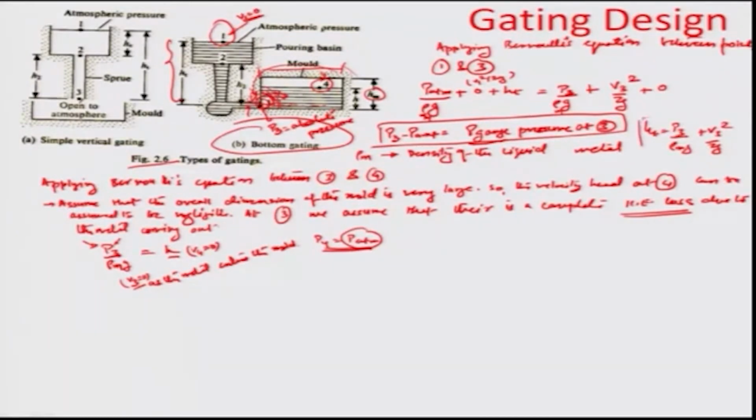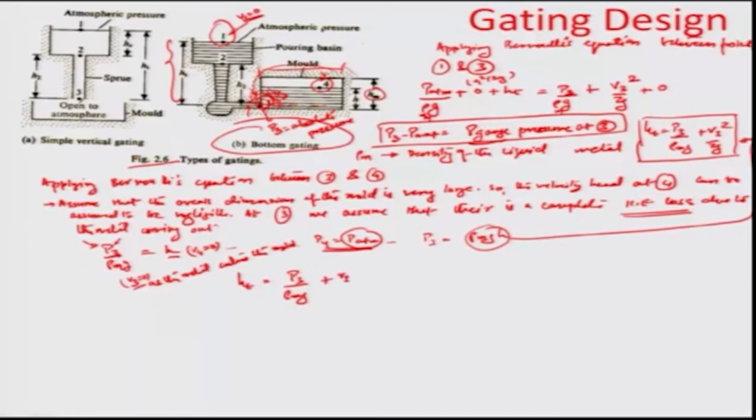So, from here we can probably obtain the value of P 3 to be equal to rho m g h, and if I substitute the value of P 3 in this equation right about here, we get H t equals P 3 by rho m g plus V 3 square by 2 g, or in other words this is equal to rho m g h by rho m g. Mind you, h is the height at the point 4, that is why I am taking the potential head h here. Okay.